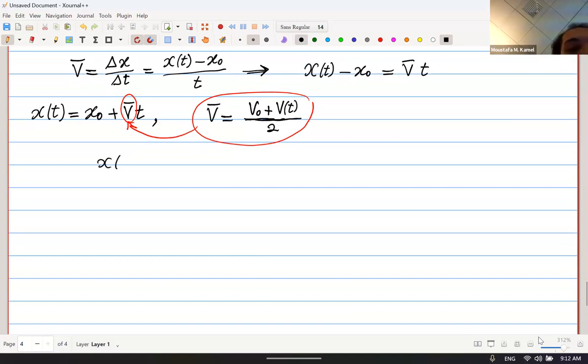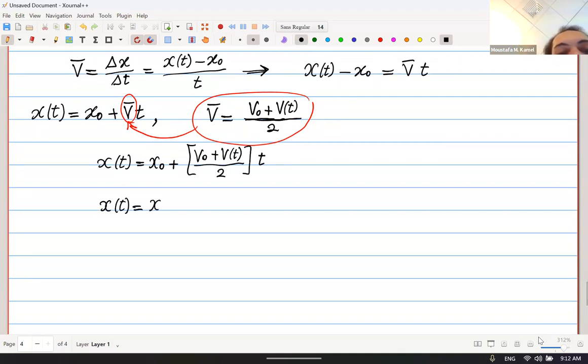So now we will have x of t equal x naught plus v naught plus v of t over 2, all of that in brackets, multiplying time. We can do some algebra here. So x naught plus v naught t over 2 plus v of t times t all over 2.